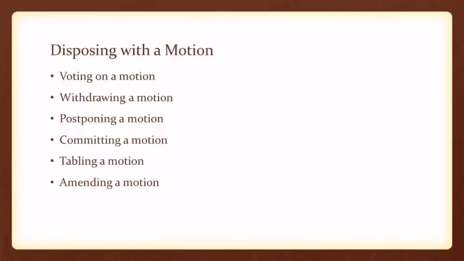The move to commit is to refer this to a committee. And the committee will discuss the motion in detail and come back with a recommendation. Something on the floor, as it's being discussed, has a loophole, or there's just something that isn't quite right.